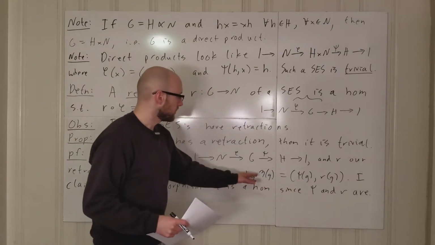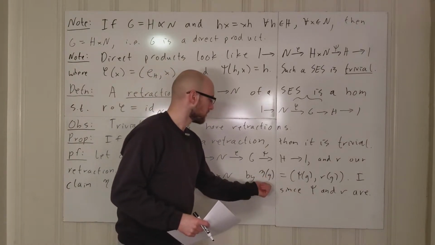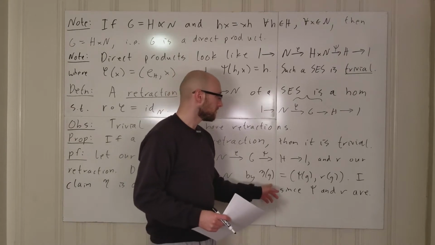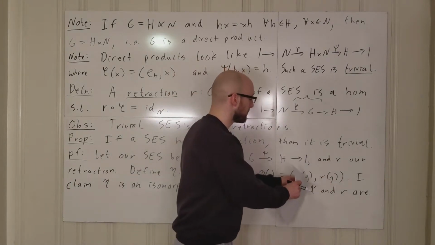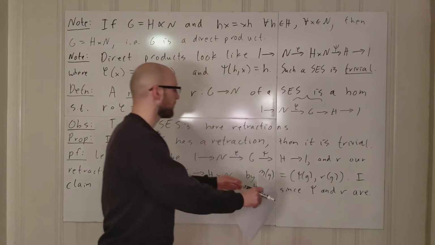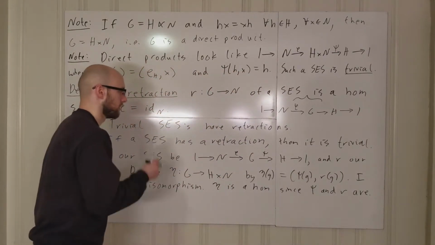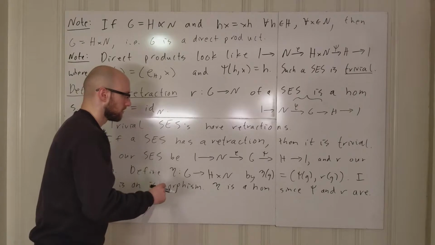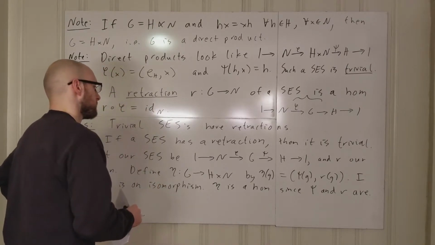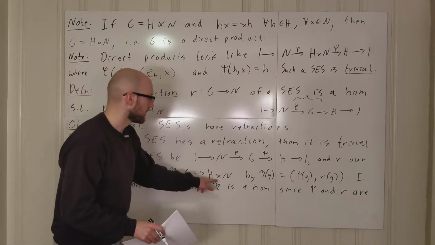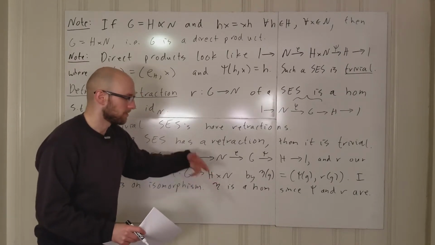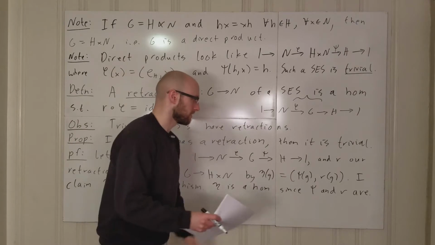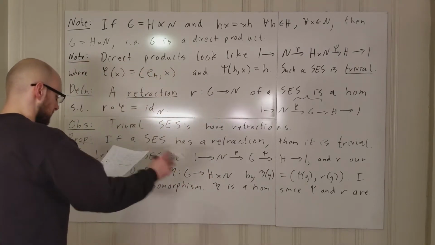If you were to put two things together, like eta of g1 g2, then you get psi of g1 g2, R of g1 g2, and then you'd break them up, because that's how multiplication is defined in H cross N, like I discussed earlier. So anyway, that's true.